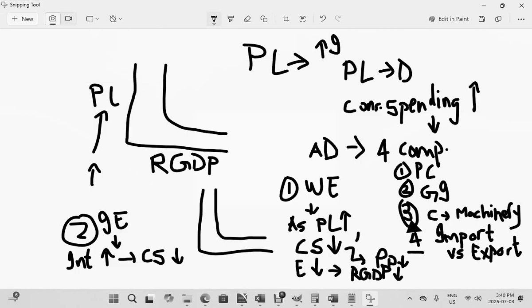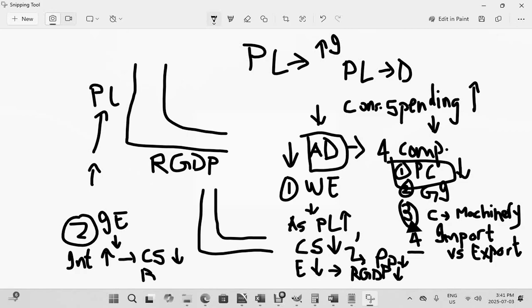So consumer spending goes down, and as it goes down, your real GDP will go down, because consumer spending is part of the four components of your aggregate demand or real GDP. This is your personal consumption. So if personal consumption goes down, your aggregate demand or real GDP will go down as well.